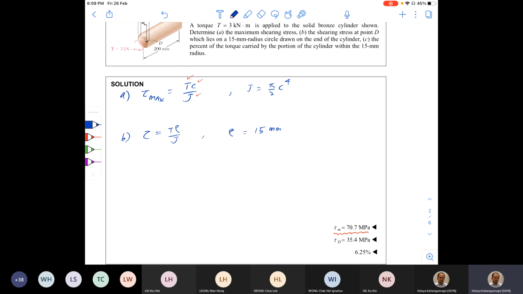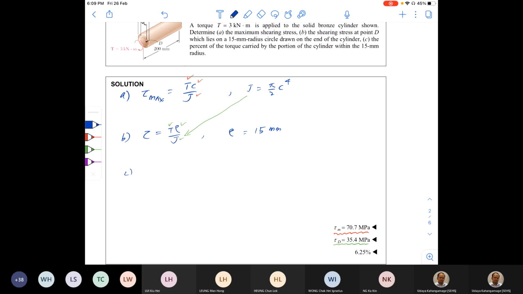That's the only difference. Same J, right? So again, we know this T, rho is given, and same J here. You should be able to do that calculation and get this answer. I'll leave that one for you.